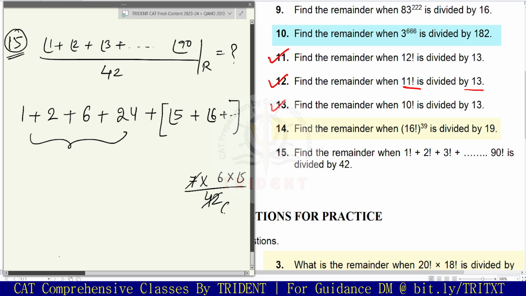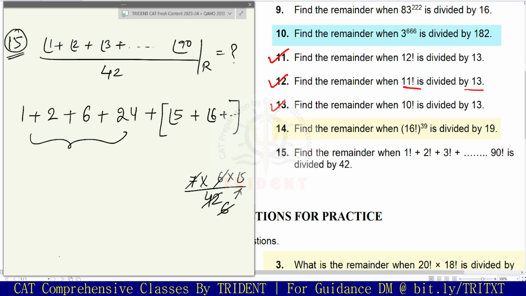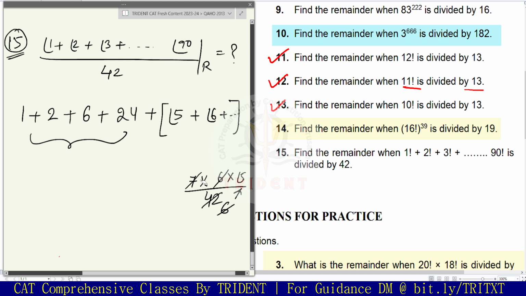Now this is a 6 and a 6 cuts out. So if you realize, there is no remainder. It's not even a case of a remainder, it is actually divisible. So factorial 7 onwards I will not find anything, so I'll only have to check till factorial 6.